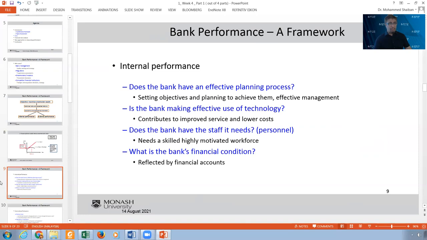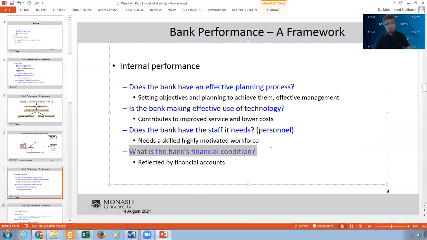Now, also we want to see whether we have enough right and skilled people. And we want to know also how the bank conditions are. So all of those, when we talk about performance, we usually think only about this: we go to the balance sheet, we take the numbers from the financial reports, and we start to analyze.